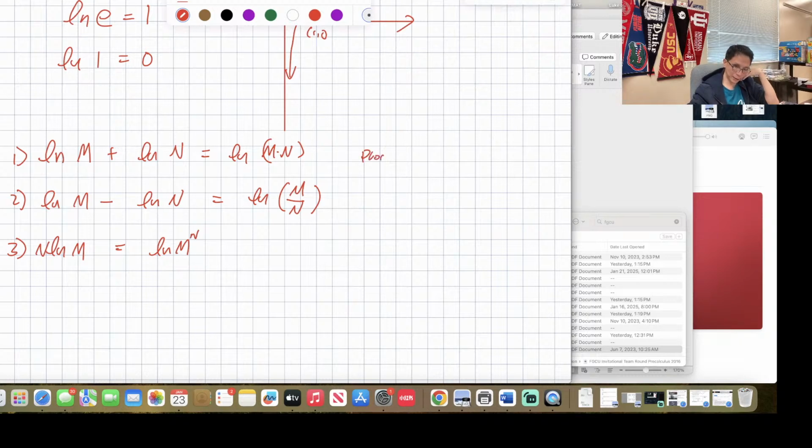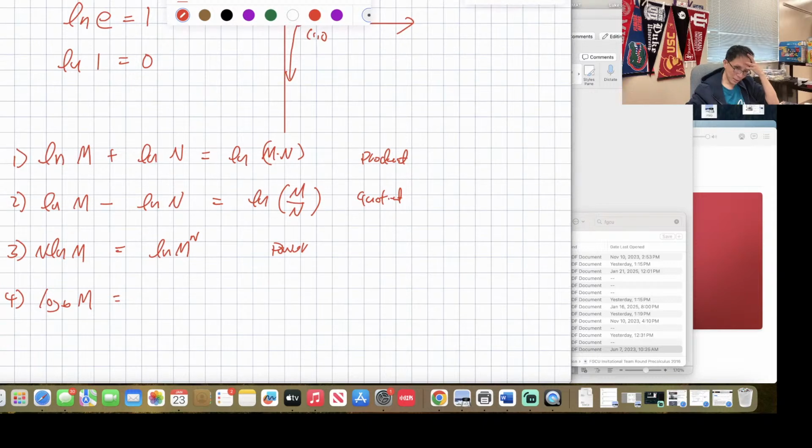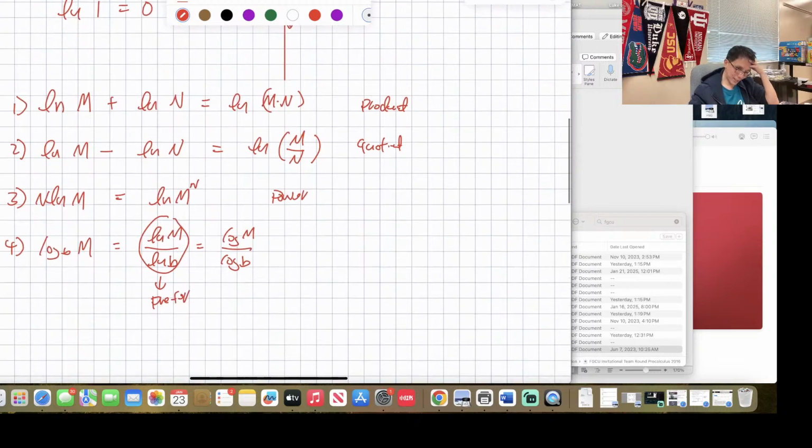So there's a product, a quotient, and a power. Obviously, there's one more. It's called the change of base formula. So if you have logarithm base b of m, it equals natural log of m over natural log of b. Also it can be equal to log of m over log of b. Now, I prefer this one over the other one. This is preferred. Okay, with that being said, this is called the change of base formula.